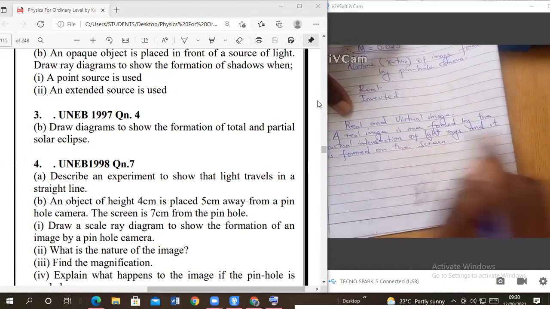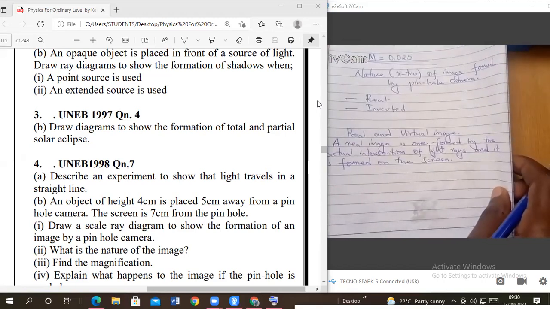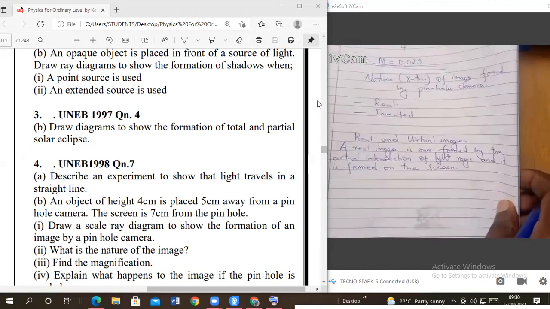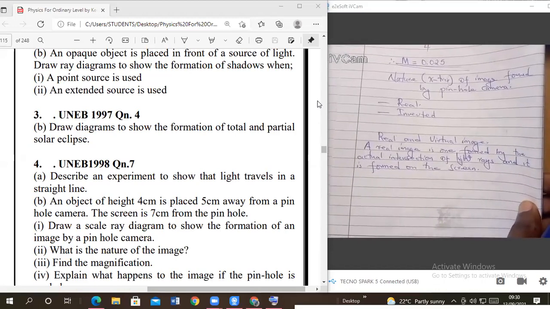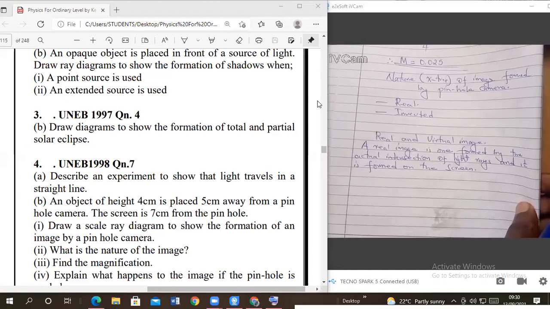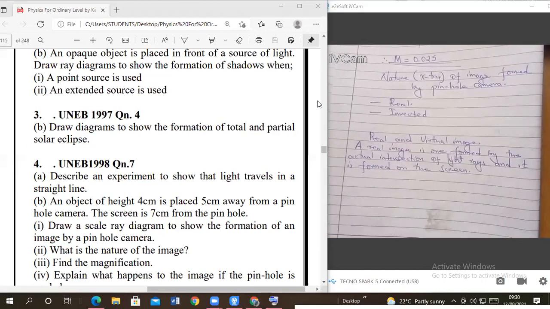Are you together? So that image is what we call the real image, the one formed by the actual intersection of light rays.